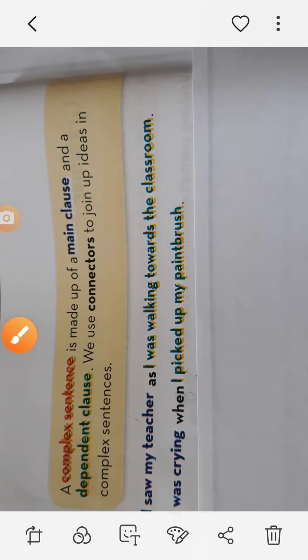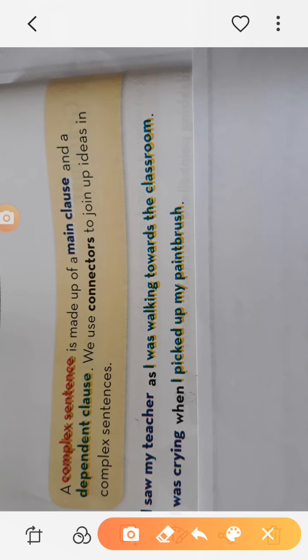For example, here in a sentence, just see this part of the sentence is known as a dependent clause and this part of the sentence is known as a main clause or independent clause. So I'm joining this dependent clause and independent clause with the help of "as."